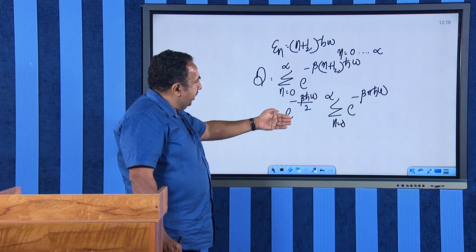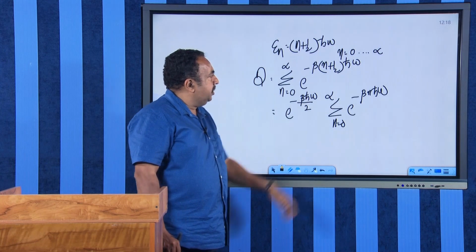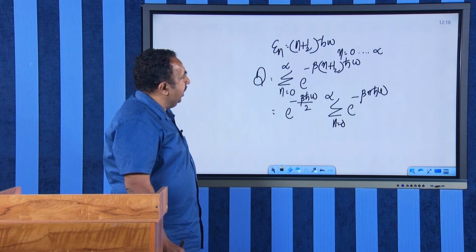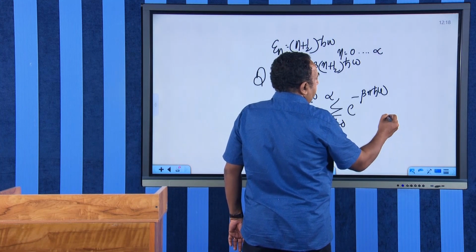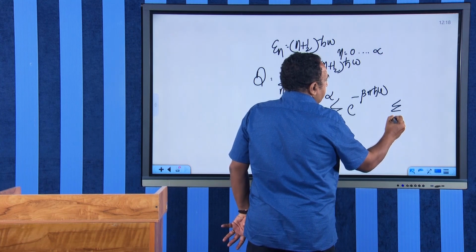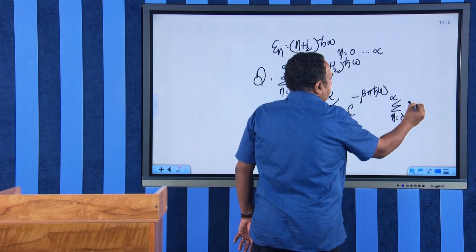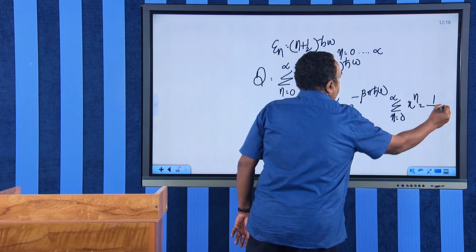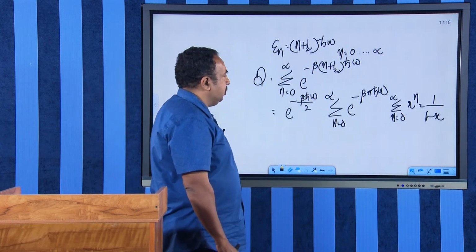Now, I have taken the part which does not have that n, and this summation is over n equal to 0 to infinity of e raised to minus beta n h cut omega. There is a very famous Taylor series expression: sum over n equal to 0 to infinity of x raised to n is equal to 1 divided by 1 minus x.